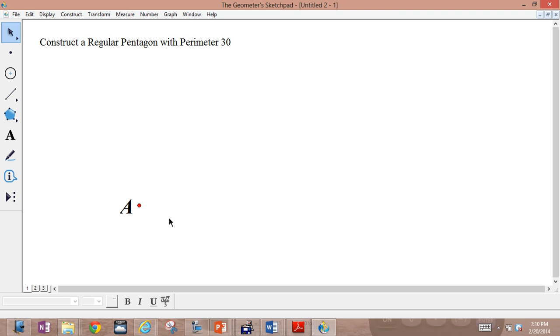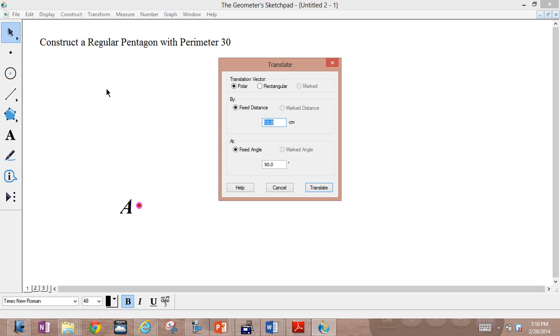Here's a point A. What I'm going to do is translate that point by the prescribed length of 6 units. I'll select that point and translate 6 units at any angle, it makes no difference. 90 will be straight up, 180 will be straight to the left, and negative 180 doesn't really matter.